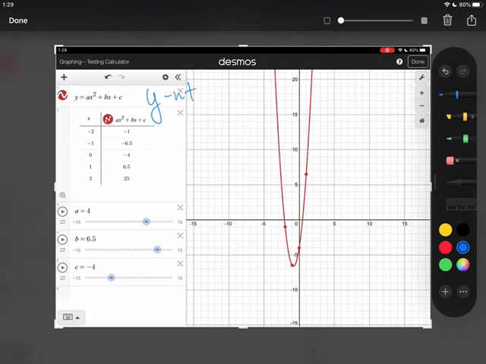If I say I'm looking for the y-intercept, what I'm saying is I'm looking for the values of y when x is equal to 0, because that means I'm crossing the y-axis, and at that point x has to be equal to 0, right?